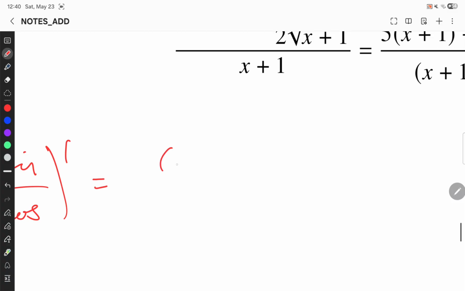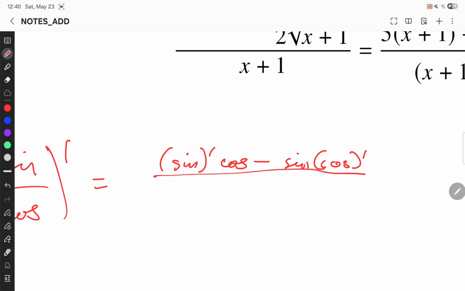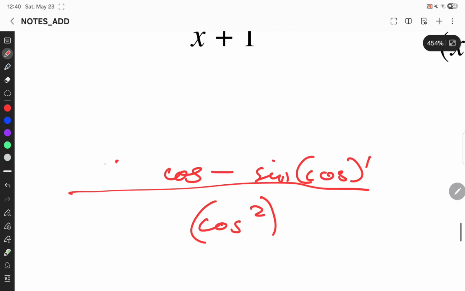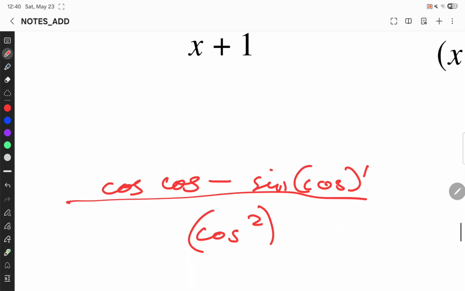We get sine prime cosine minus sine cosine prime over cosine squared. Now sine prime is cosine, and cosine prime is negative sine, and negative times negative is positive.